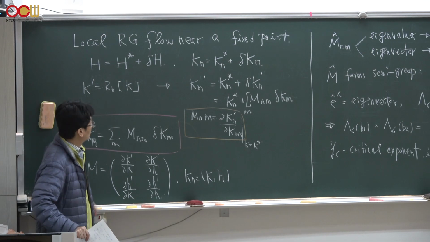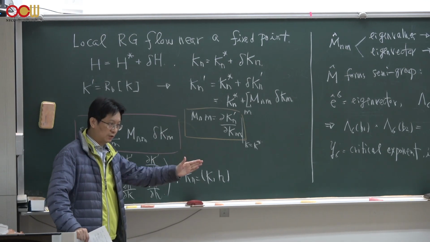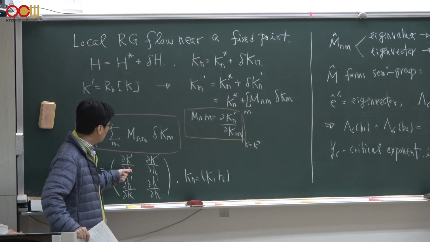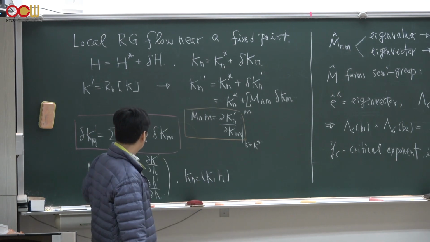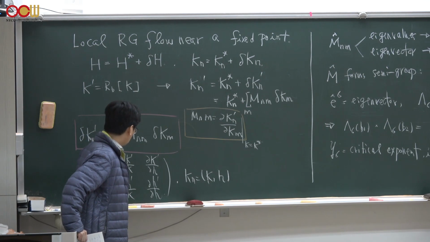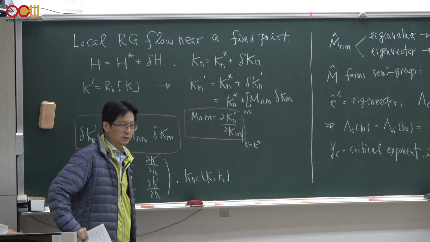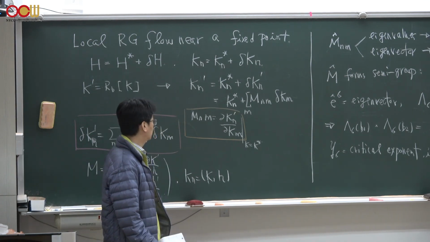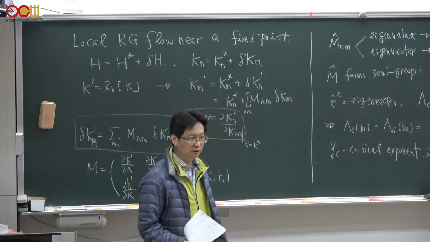In other words, delta Kn prime is contributed from different directions of the coupling constant. For example, you have the contribution to delta K prime, in the Ising model, from this partial K prime, partial K, but it could actually also come from this partial H prime, partial K. Likewise, the delta H prime could be contributed from the original K direction, and also the original H direction.